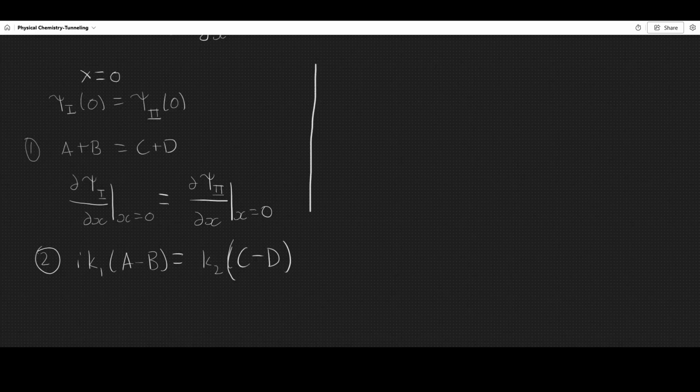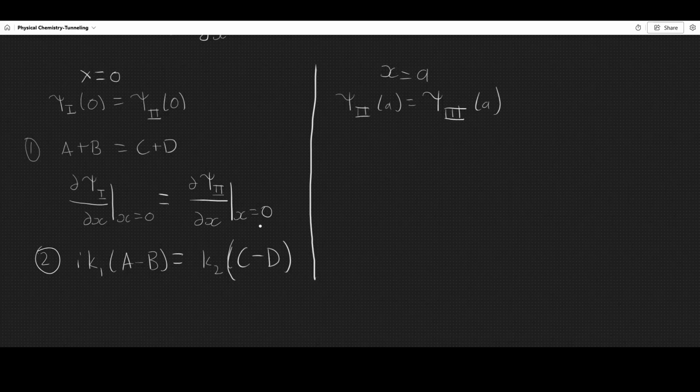I'll draw a line here, but we have essentially x equals a. And so we have psi 2 at a is equivalent to psi 3 at a.